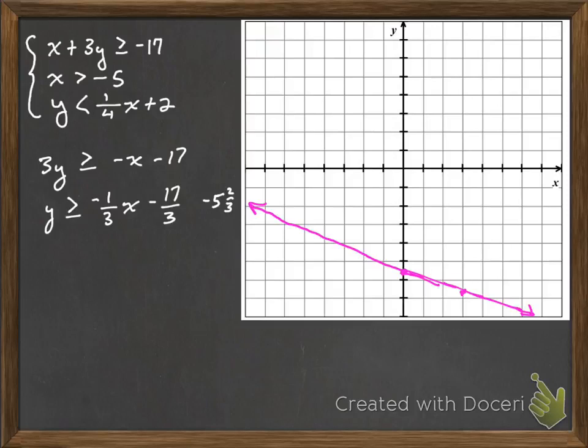Now the next inequality is x is greater than -5. Well, x equals -5 is a vertical line at -5. So that's what we're going to draw. 1, 2, 3, 4, 5. It is going to be a dashed line.